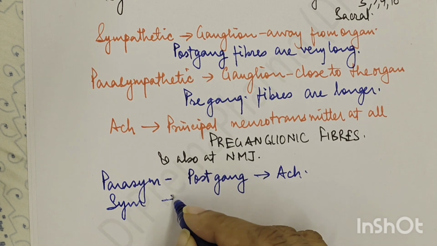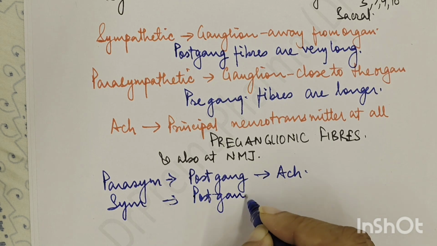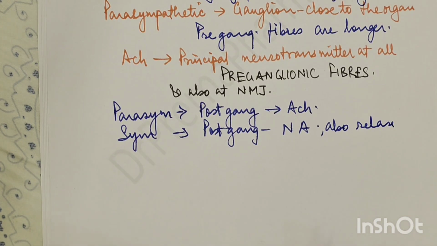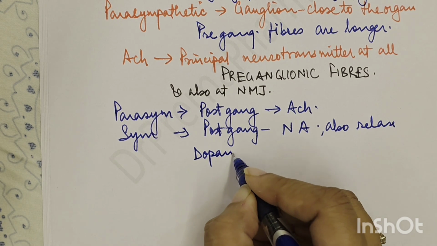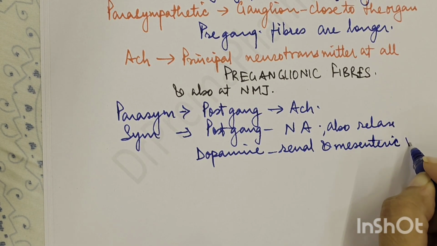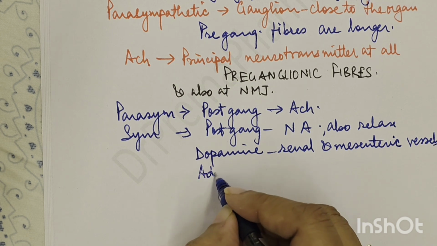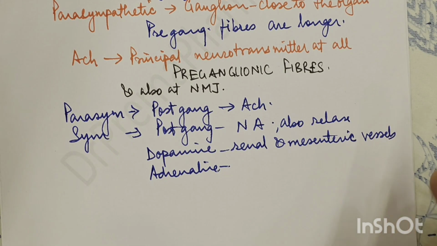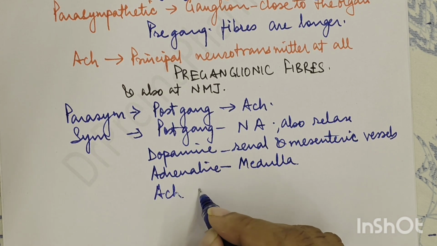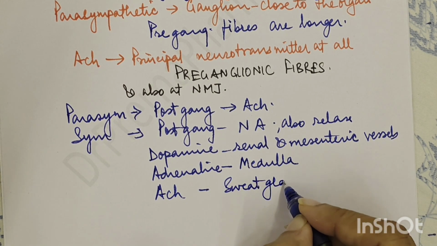In sympathetic, postganglionic fibers release noradrenaline. They also release dopamine, where? In renal and mesenteric vessels. They release adrenaline at the adrenal medulla, and they release acetylcholine at sweat glands.